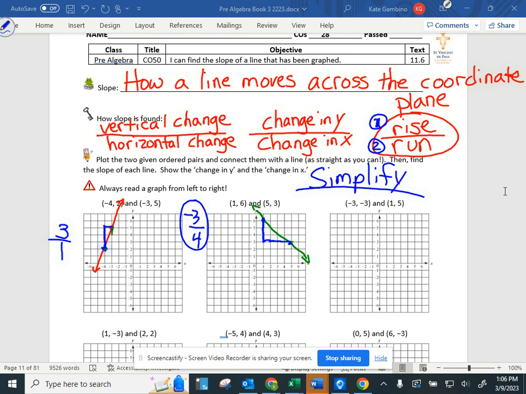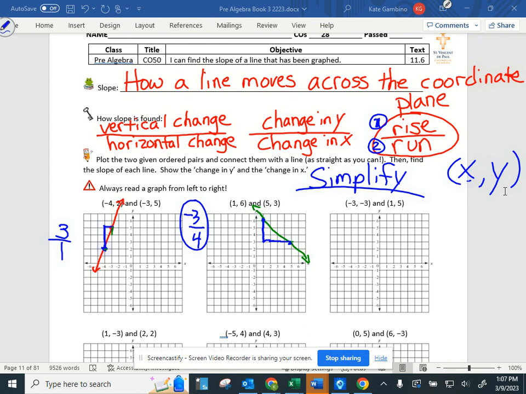Do you go up first, then to the side, when you plot a point? Yeah. So when we graph, remember it's always the X then the Y for our ordered pair. It's always alphabetical. X comes first in the alphabet, so X is our first number in our ordered pair.